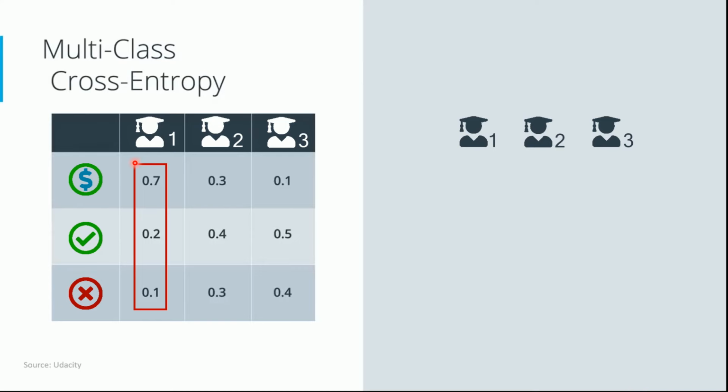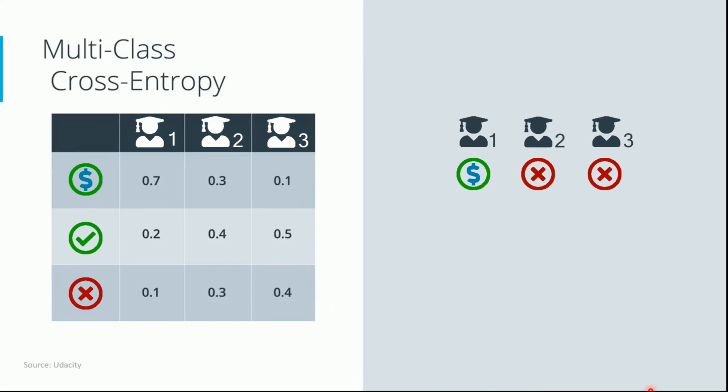Here with more classes, we just have the same thing. So all our classes should sum up to 1 for all our students. So for student 1, the total percentage per class should sum up to 1, same with student 2 and same with student 3, right?